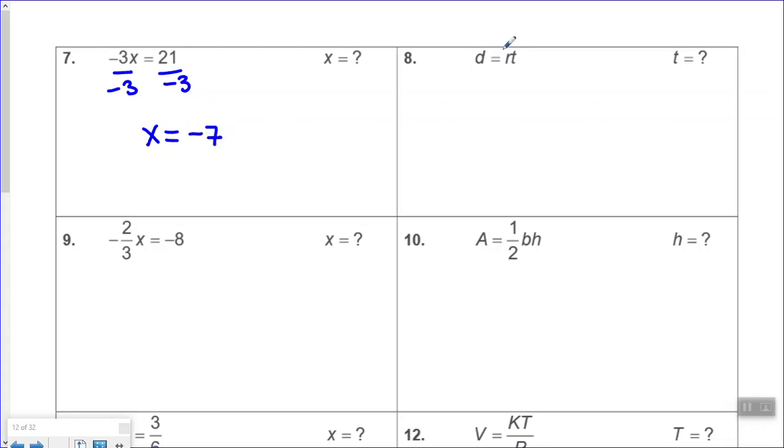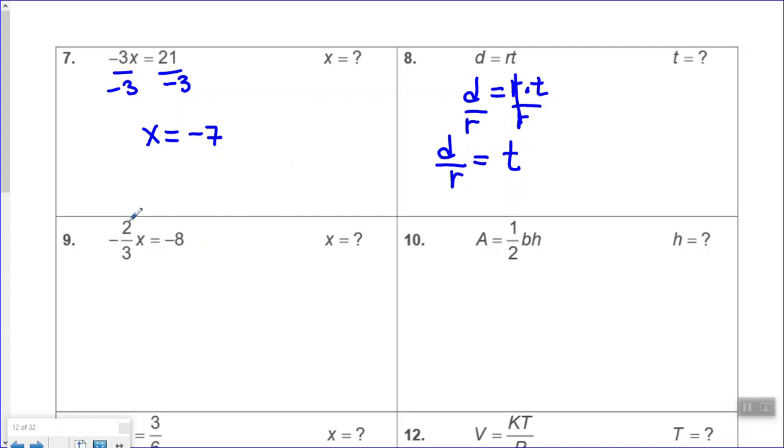Now you have d equals rt, which is r times t, and we want to separate t. In order to separate t, you have to get rid of r. This is multiplication. To undo multiplication, you divide both sides by r. Then t equals d over r.